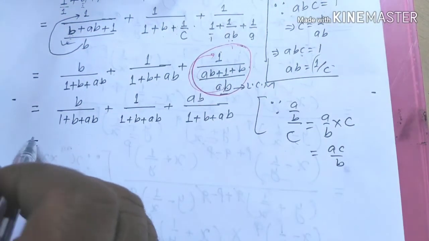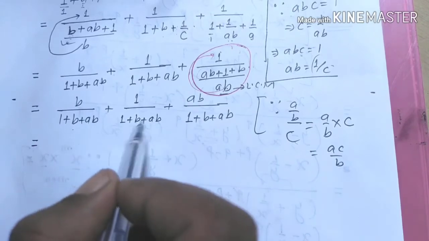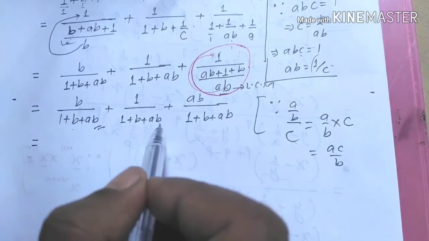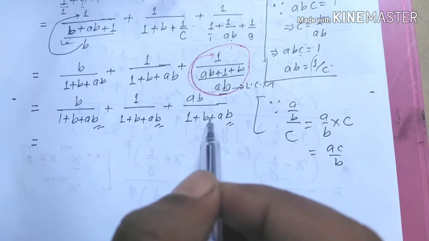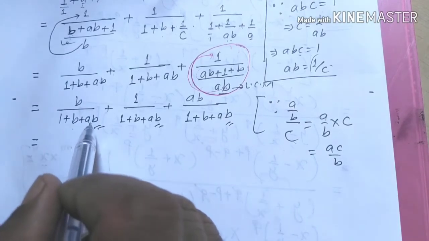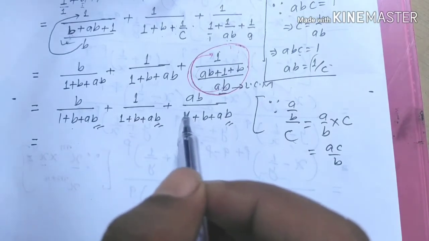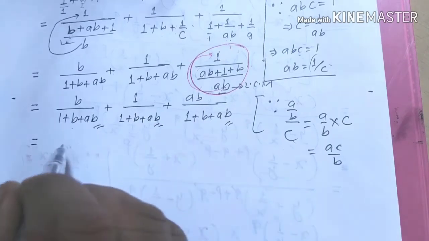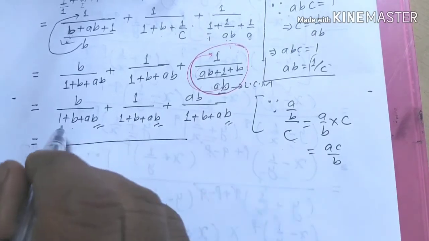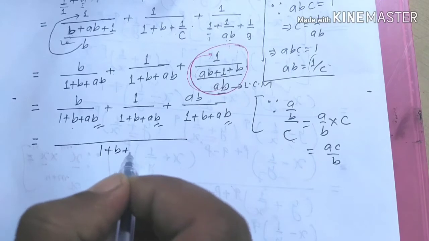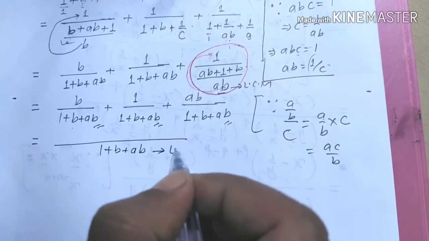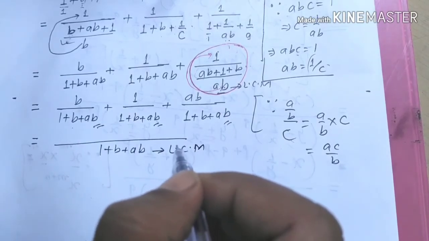Now in each term you can see that in the denominator we have 1 plus B plus AB, 1 plus B plus AB, 1 plus B plus AB. Each term is similar, so we can take 1 plus B plus AB as the LCM.